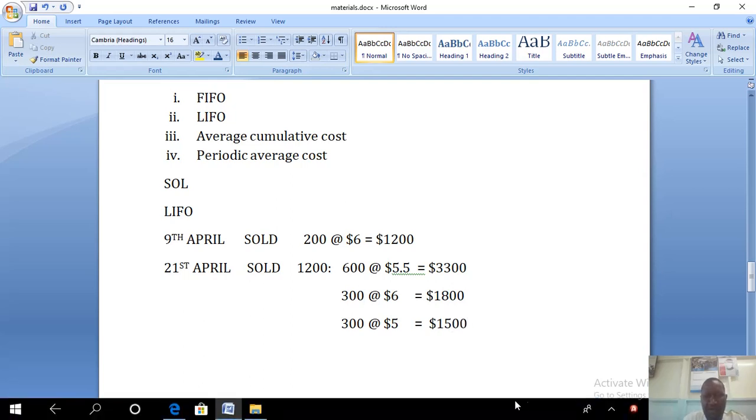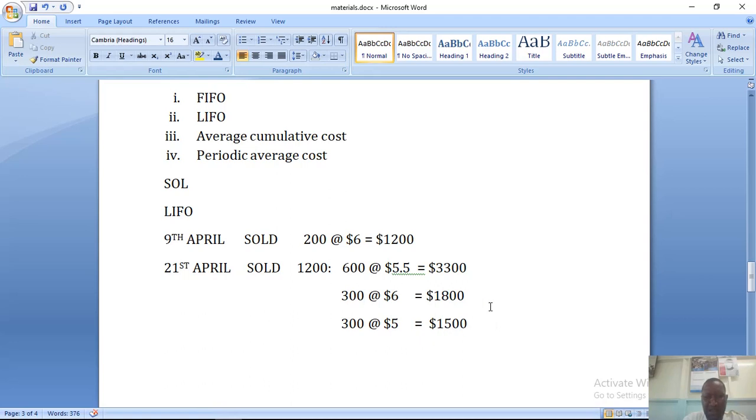$1,500. And so the total cost of issue for the 21st of April will be equal to 3,300, 1,800 and 1,500.